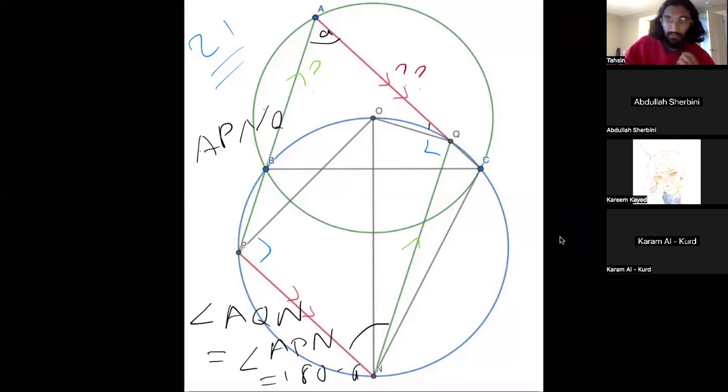Yes, right. So what is it that we're trying to do? We're trying to calculate two angles in this picture, right?